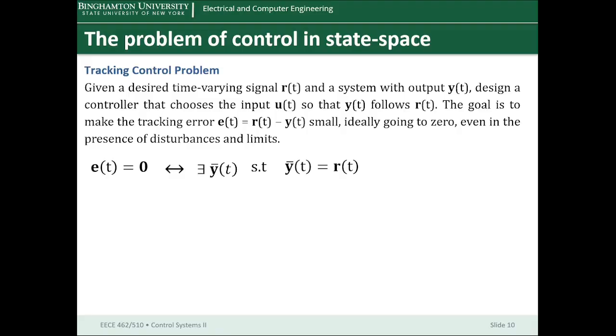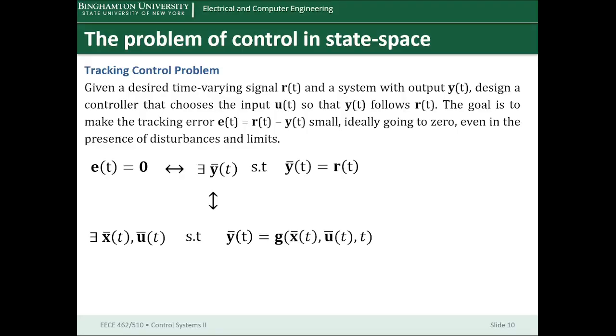And also there exist a nominal state x bar and input u bar satisfying the output equation. The corresponding nominal state x bar and u bar are not generally unique. Several pairs may produce the same y bar.